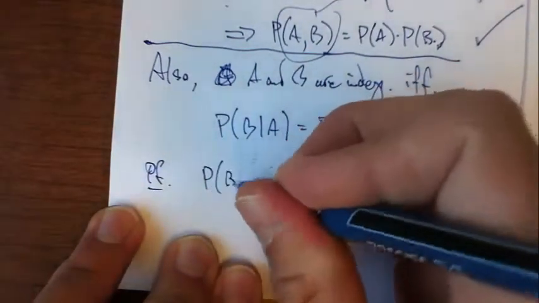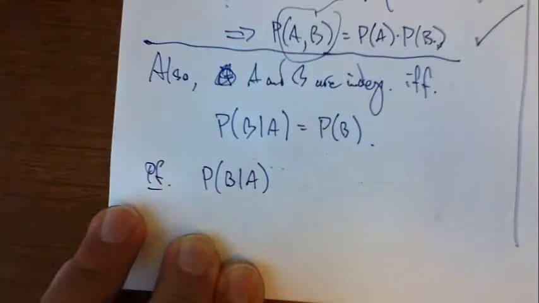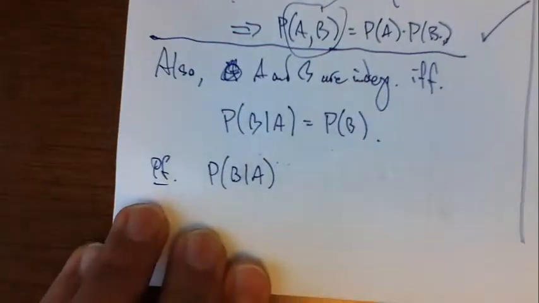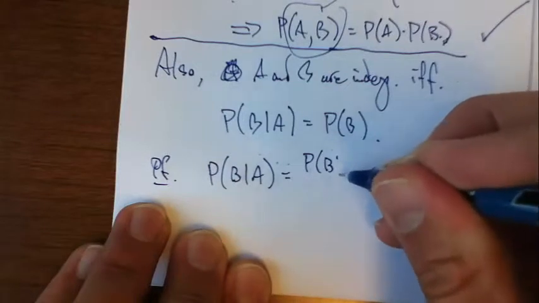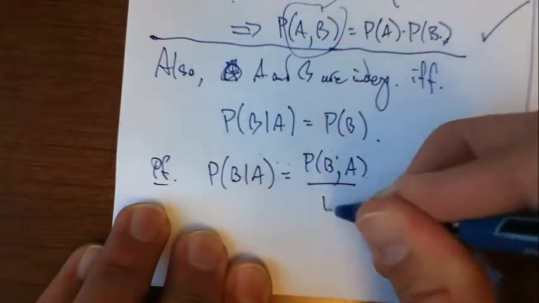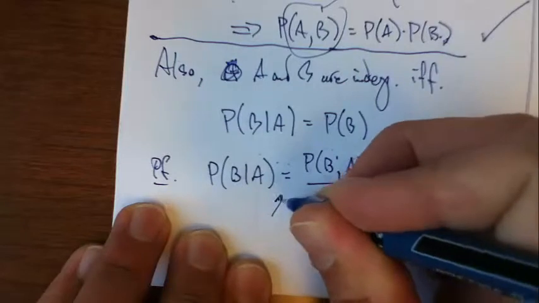Start with the left-hand side: the probability of B given A. This is the probability of B and A over the probability of A, by the definition of conditional probability.